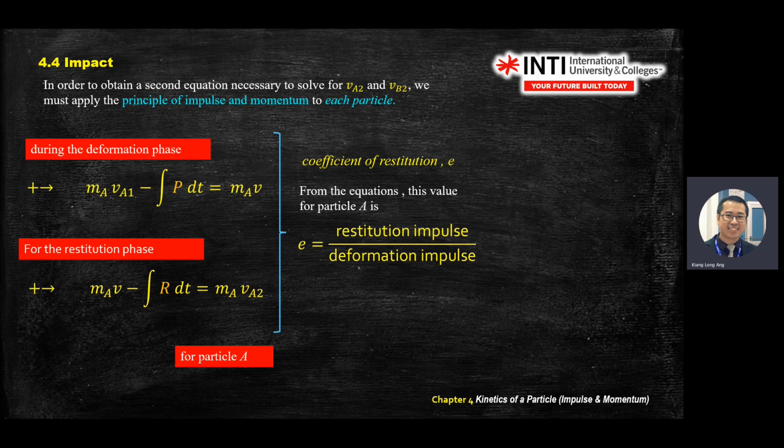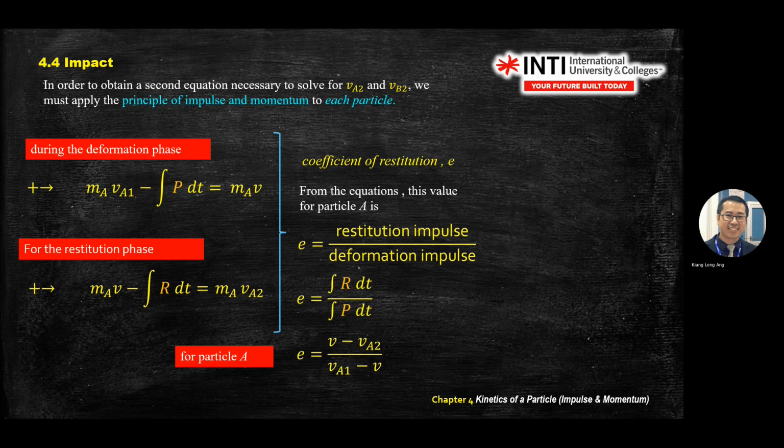It's like efficiency. For efficiency, you take the power output divided by input, after divided by before. Same concept. So in this case, we take R divided by P. How do you arrive at this?